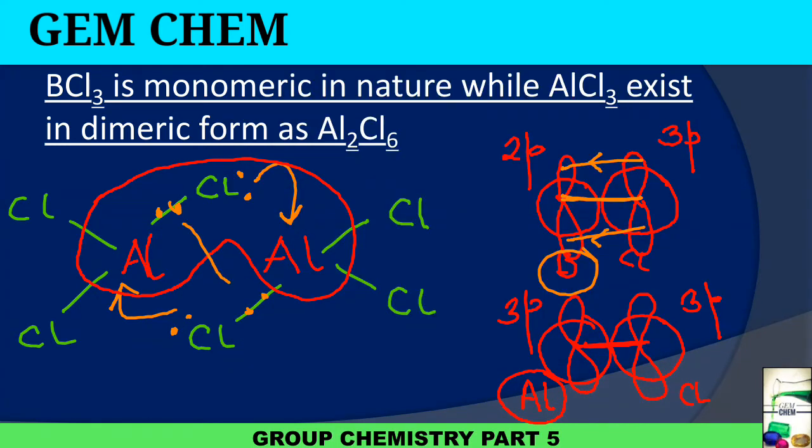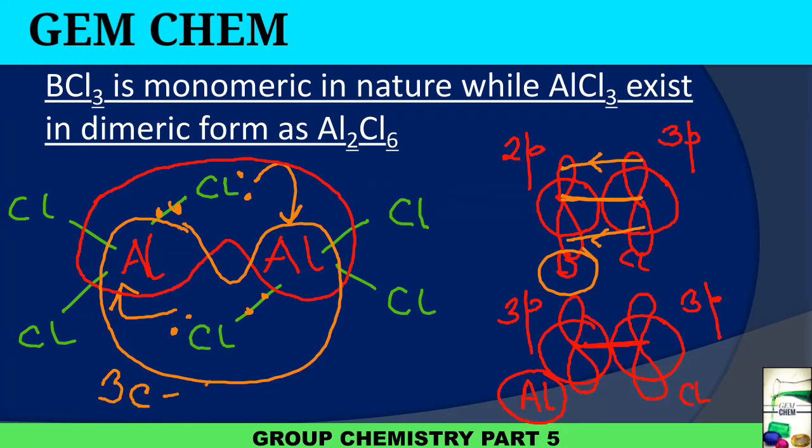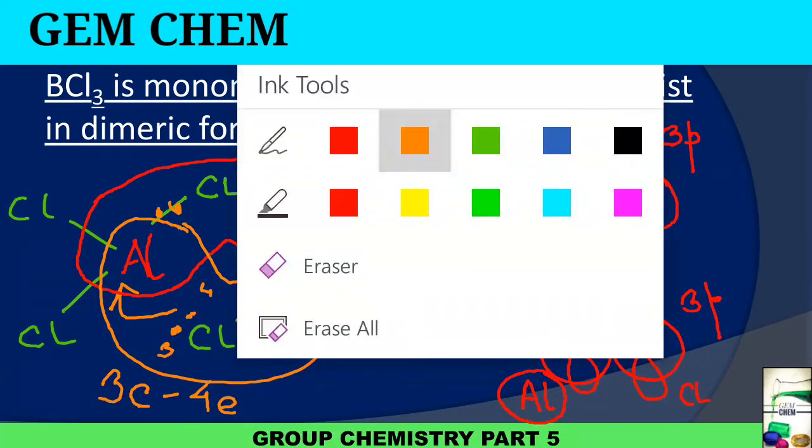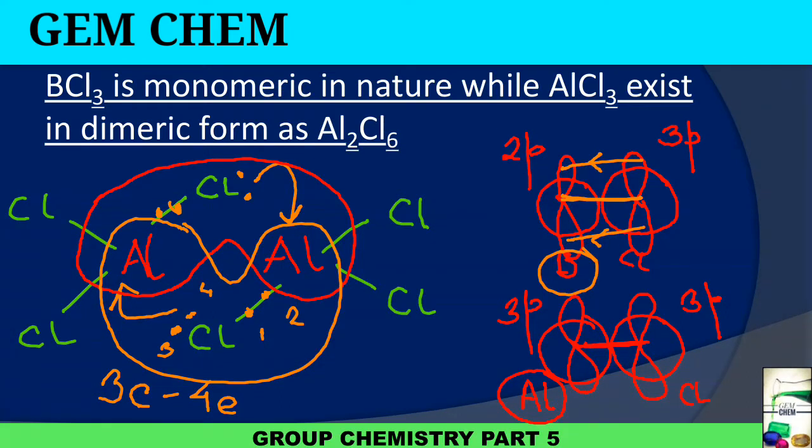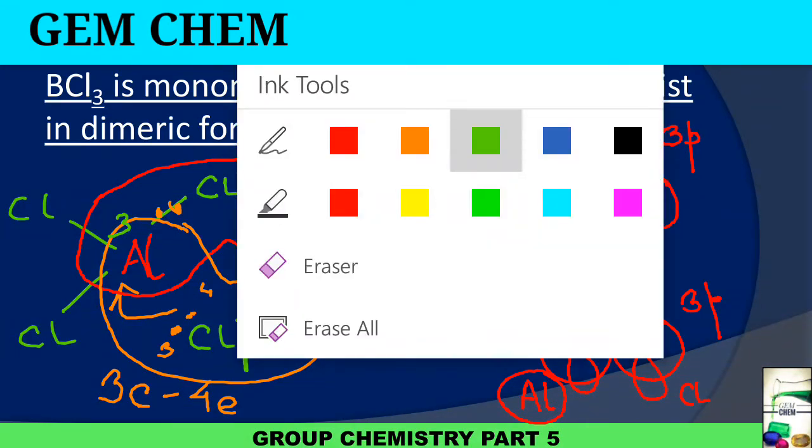So there is a formation of banana bond and there is an involvement of 3 center 4 electron: 1, 2, 3, 4 electrons, and 3 centers, 1 center chlorine, 2nd center aluminium and 3rd center also aluminium. So this is the main reason for the formation of dimer.